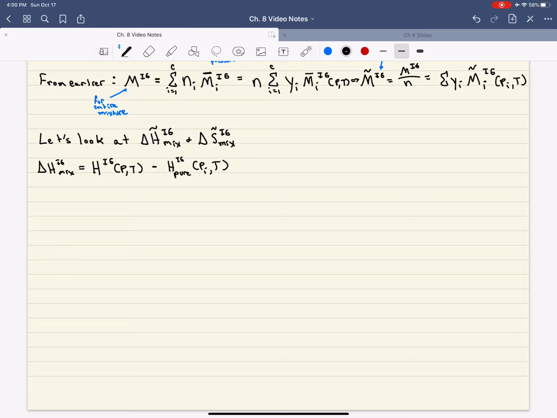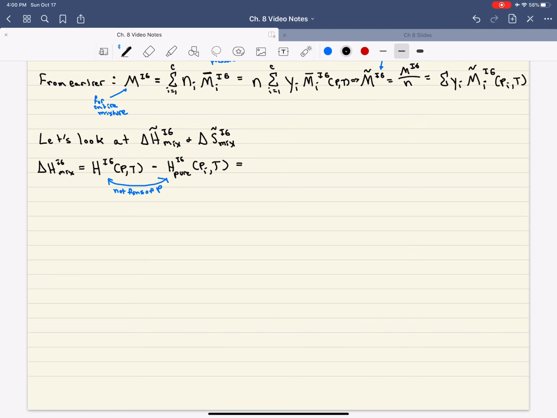But we have to remember we're dealing with ideal gases here, and for ideal gases, we know that enthalpy is only a function of temperature. And so we could write these things out.